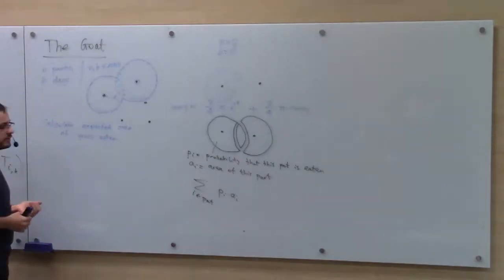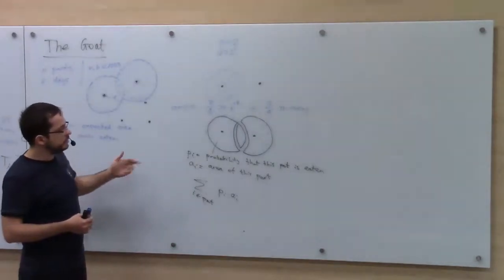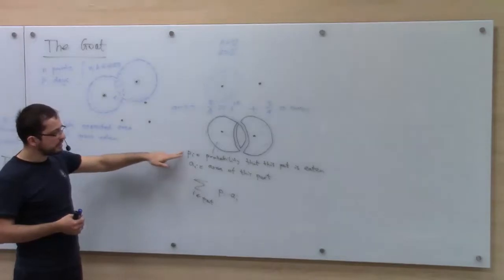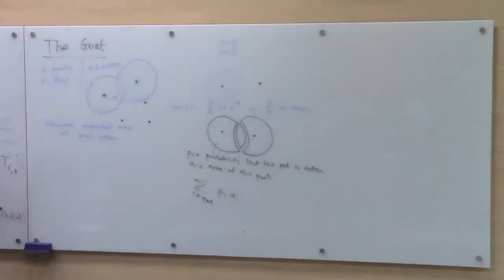We need to do some clever things. And then we need to see what the probability is, and we need to calculate the area. Okay, so let's start with the first thing. Let's see what this partition looks like.